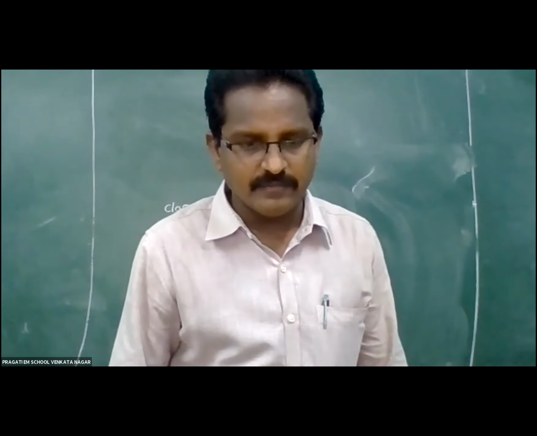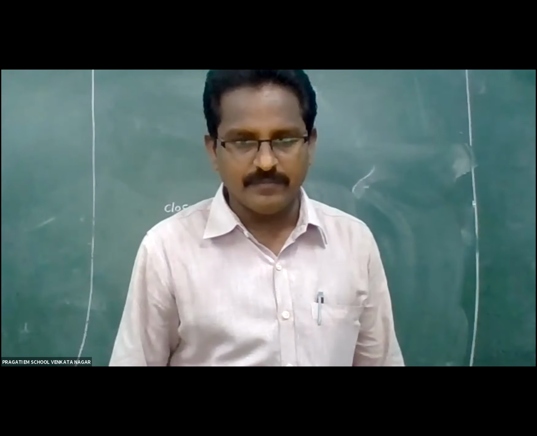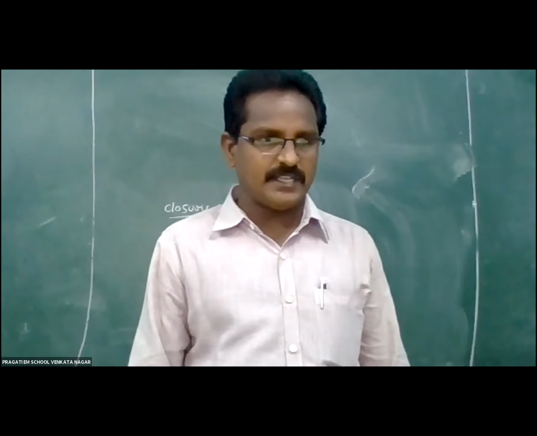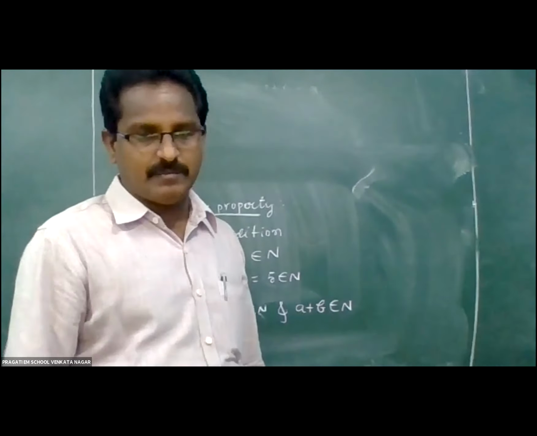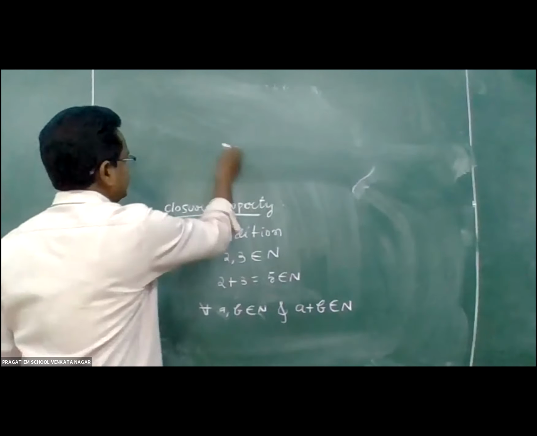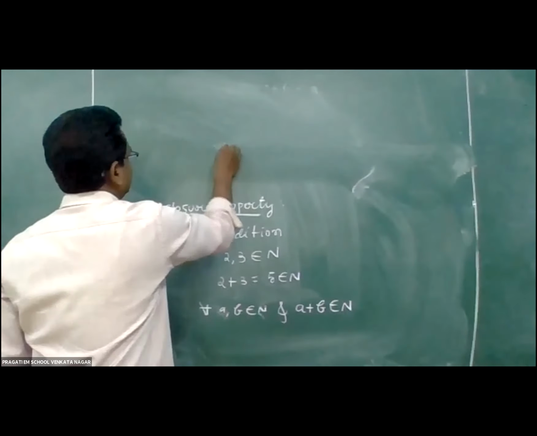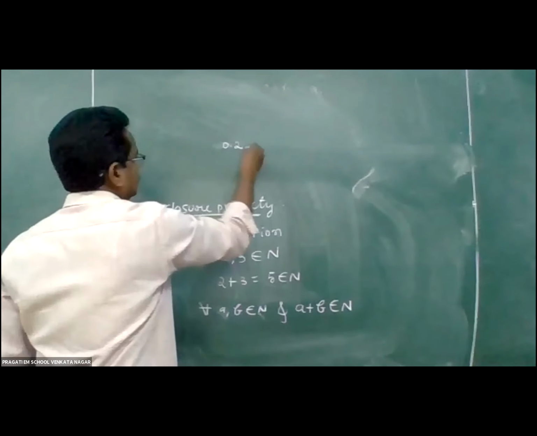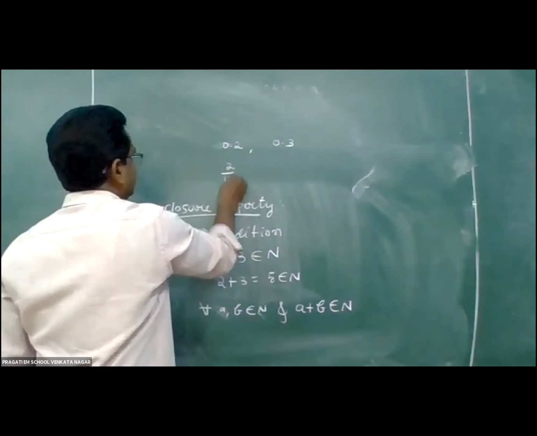Dinesh. Sir, yes. Ask me, Amma. Is decimal form also a closure property, sir? Decimal form means that is also changed into rational numbers. Suppose, for example, see here, 0.2 and 0.3. 0.2 can be written as 2 by 10, and 0.3 becomes nothing but 3 by 10.